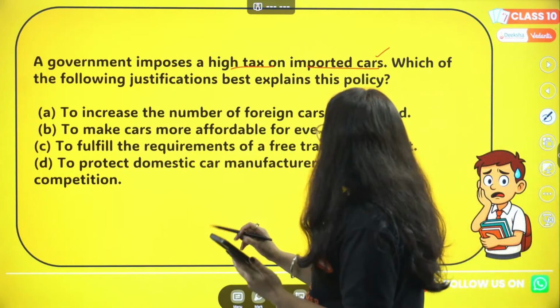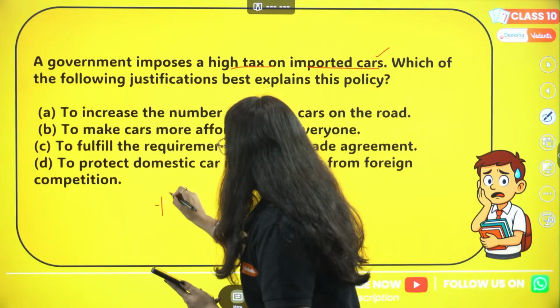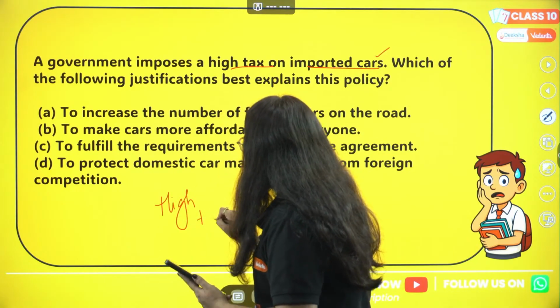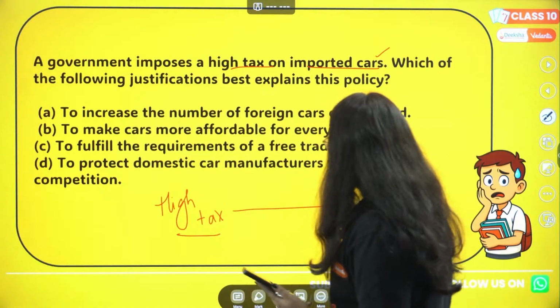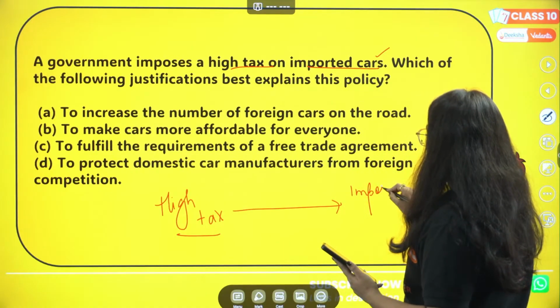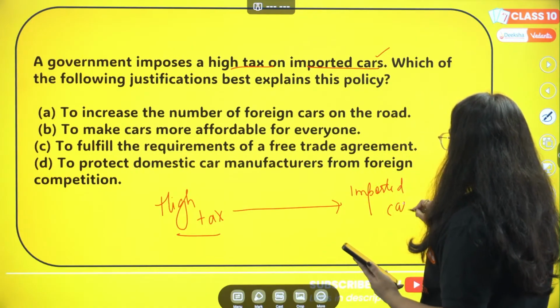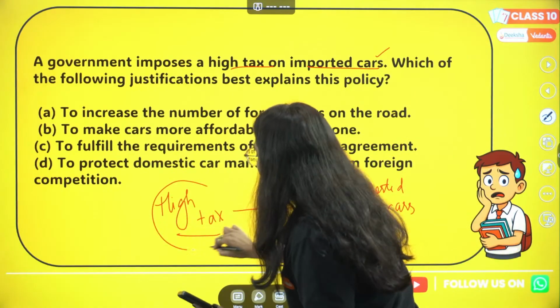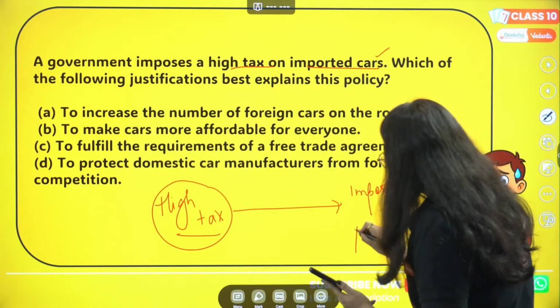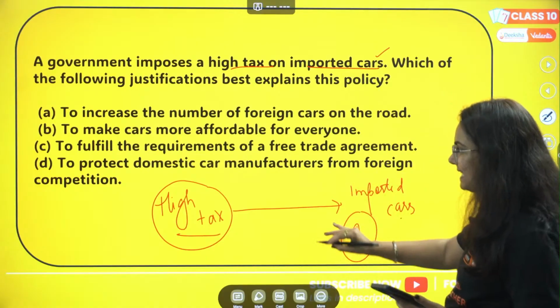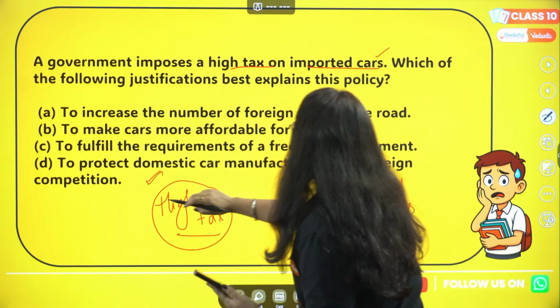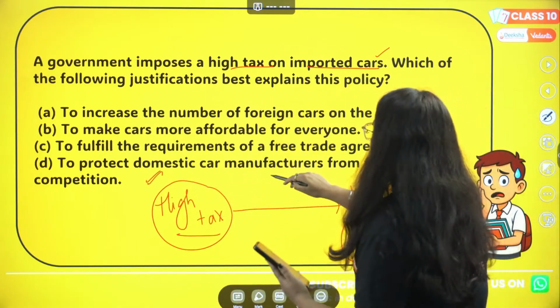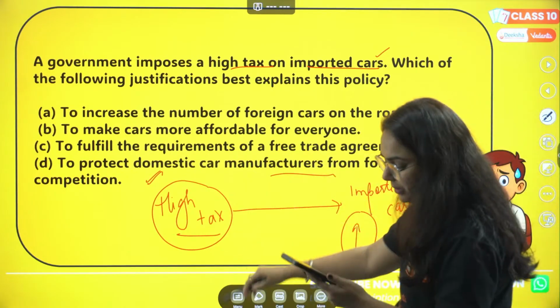So, basically, high tax on imported cars. When you import cars from another country and you apply high taxes on them, the prices of those cars increase. It is basically to protect the domestic car manufacturers from foreign competitors.